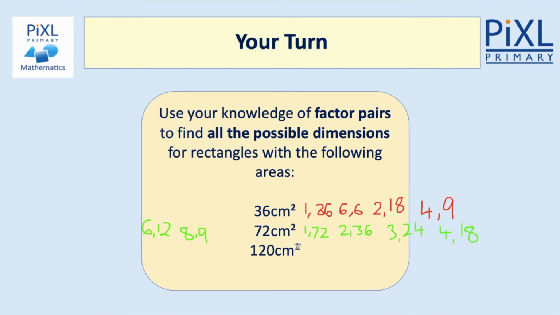And last but not least, 120. You could have had 1 and 120. 2 and 60. 3 and 40. 4 and 30. 5 and 24. 6 and 20. 8 and 15.